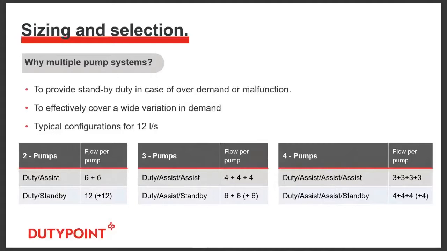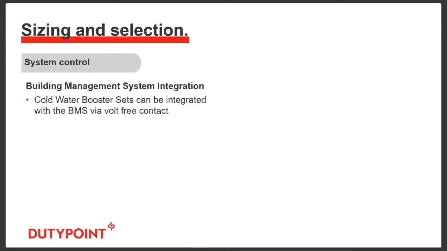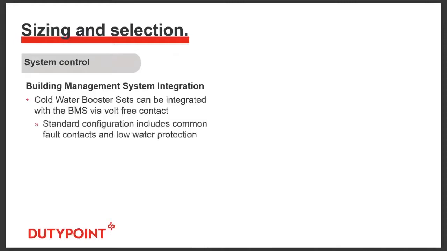A few other things to think about as well, things like building management system integration. What signals do you need to send back to the building management system? Is it just a fault signal? We tend to supply booster sets with a standard common fault-free contact, but you might need more than that as well. So it's worth talking about that. Low water signals is also a common request, so think about that.